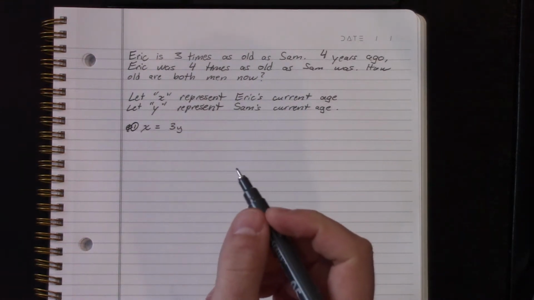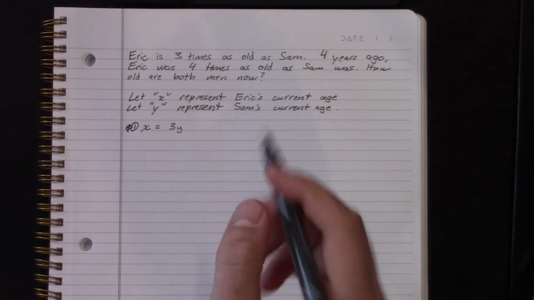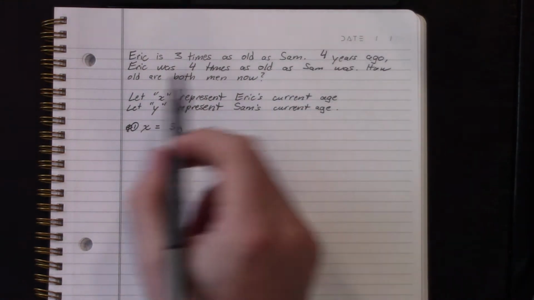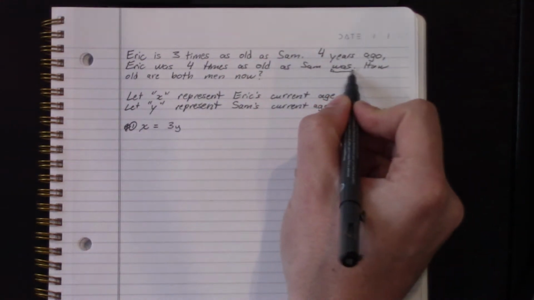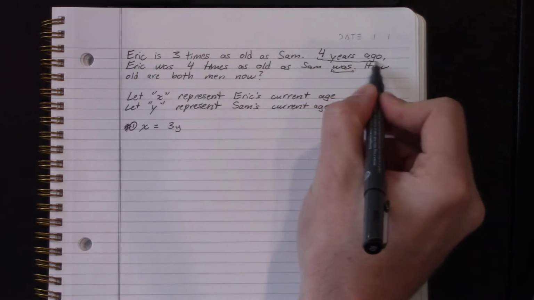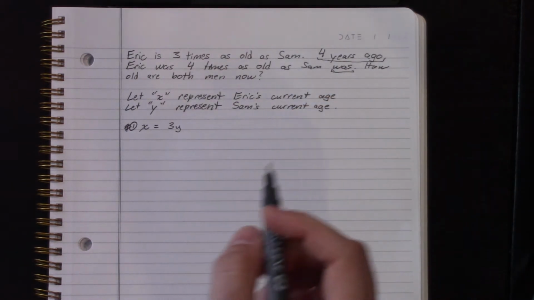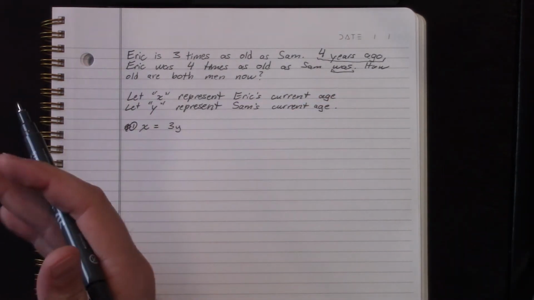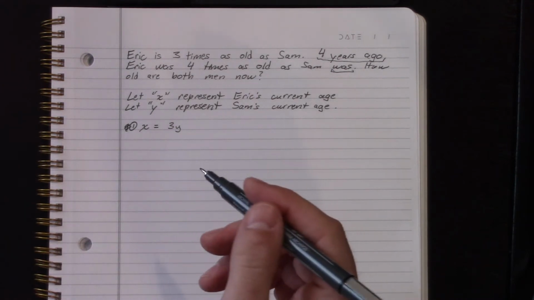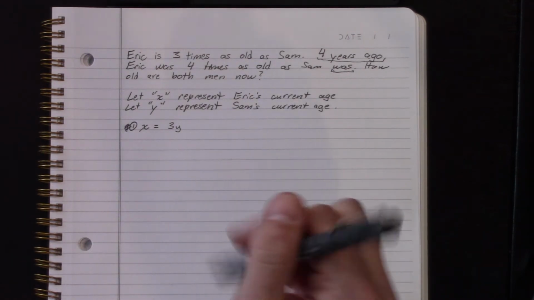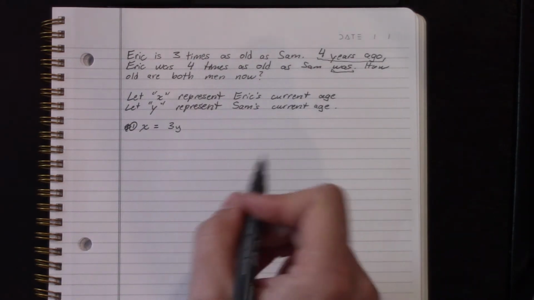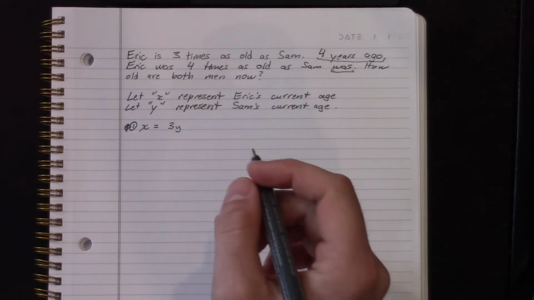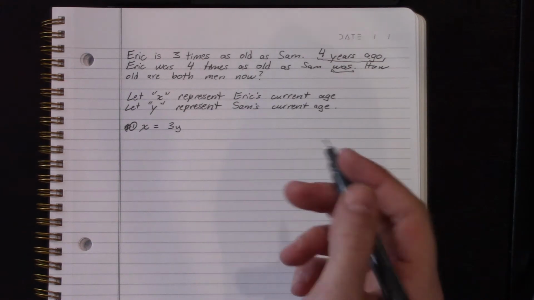Now we want to try and come up with our second equation. 4 years ago, Eric was 4 times as old as Sam was. So this whole second equation, we have to be careful because it's talking about in the past. So I can't just use an X or a Y because that's their current age. So I have to come up with some sort of an equation that's representing their ages 4 years ago.